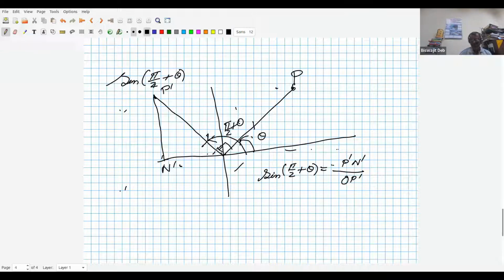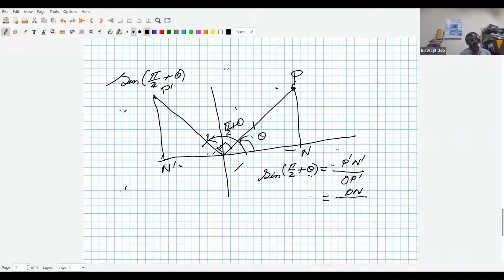But if I draw a perpendicular from P to the x-axis again, from here we can say that Pn and P dash n dash are going to be the same, and in fact their sine is also going to be the same, because Pn gives you the displacement of P on the positive side of y-axis, and P dash also gives you the displacement of P dash along the positive side of y-axis.